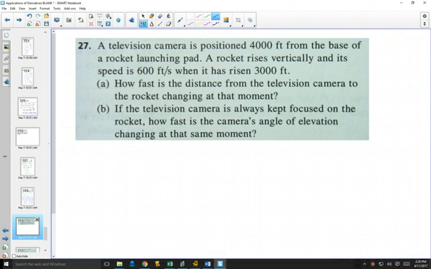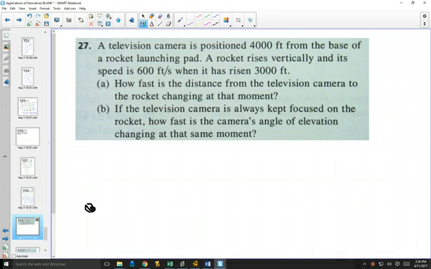So here we've got a TV camera positioned 4,000 feet, which is much better than 4 feet, from the base of a rocket launching pad. So we need to draw a picture. Here is the camera. Beautiful looking camera on the ground.